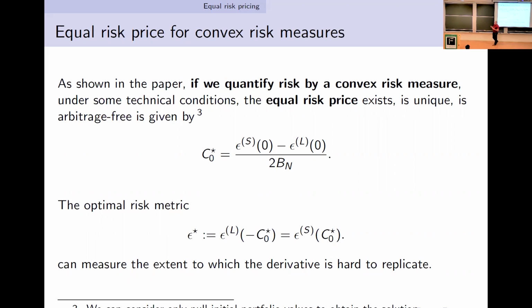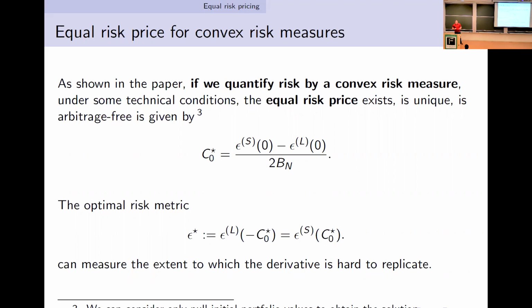So you only need to solve the problem for one single value of the hedging portfolio, and you get the solution here. Another byproduct of this method is the optimal hedging risk that you obtain once you've identified the equal risk price.